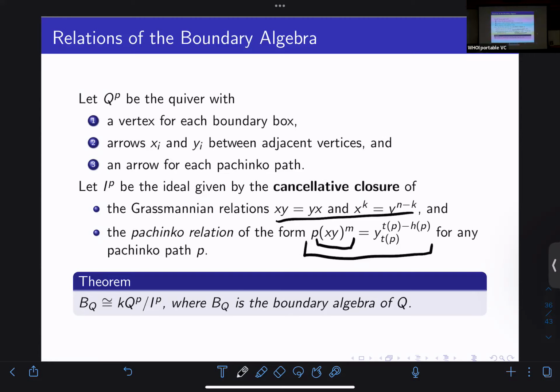And you're still getting the information from these internal vertices, because if you take this category and mod out by the projectives, you're going to get the cluster category with no frozen variables, associated to just the internal part of the quiver.